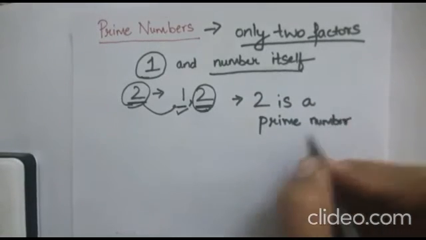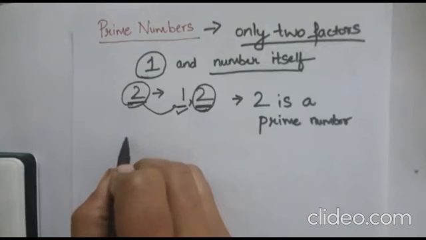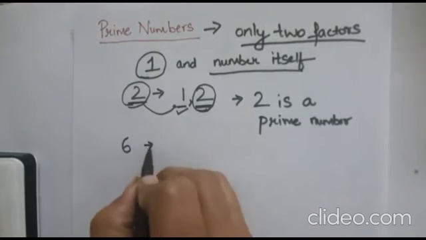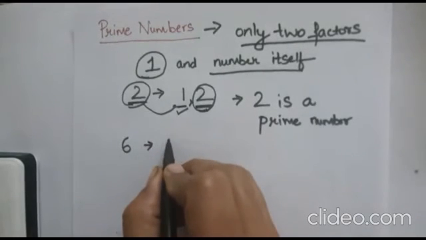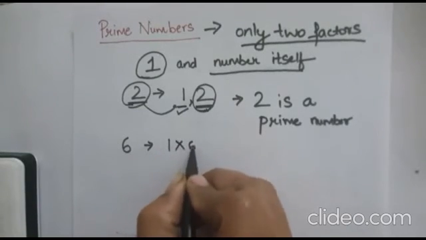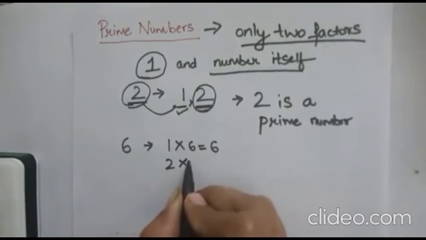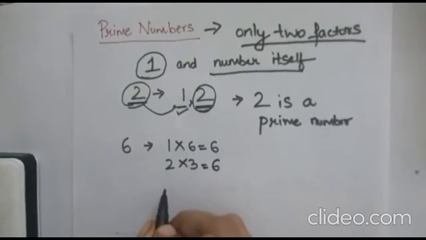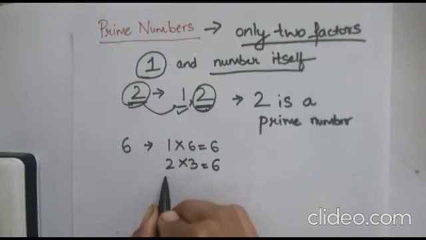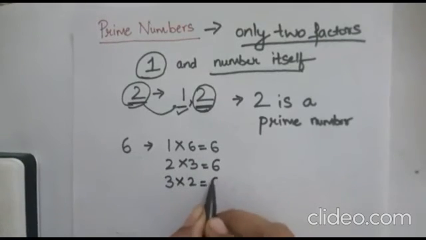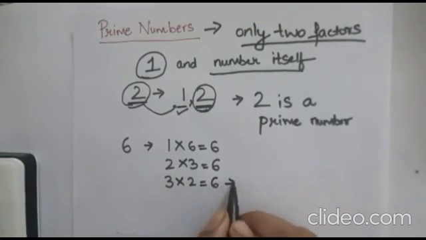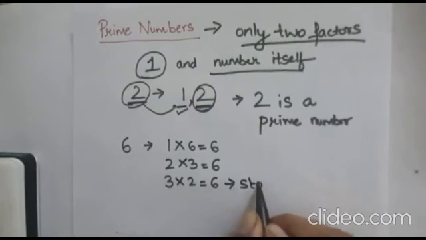Now, let us take one more example, 6. How do we find the factors? Yes, 1 into 6 is equal to 6. We follow the same method. 2 into 3 is 6. Now, next in which table does 6 come? 3 into 2 is 6. Repetition occurs, so we will stop here.